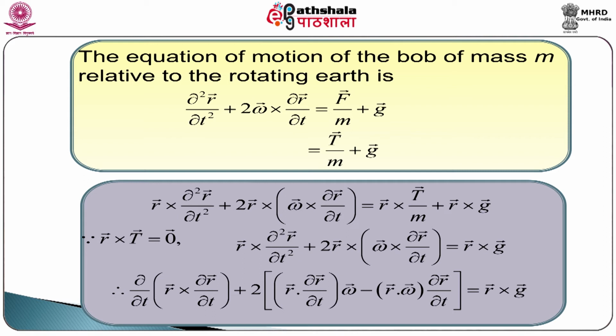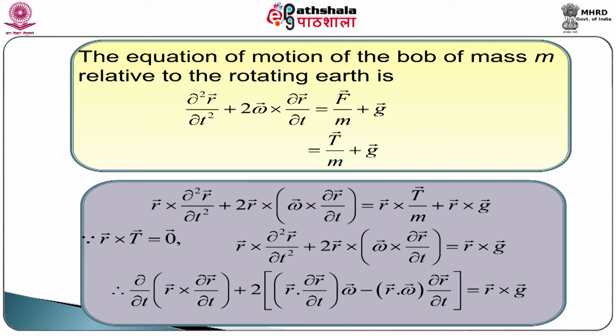The first term of the previous equation, that is r vector cross del 2 r vector del T2, can be written as del T of r vector cross del r vector del T, since after differentiation we get two terms, which are del r vector del T cross del r vector del T, which vanishes as both are parallel vectors, plus r vector cross del 2 r vector del T2, which have been written here.